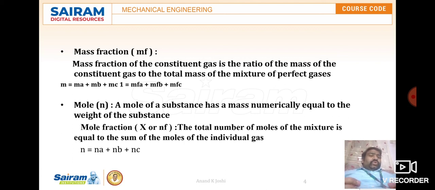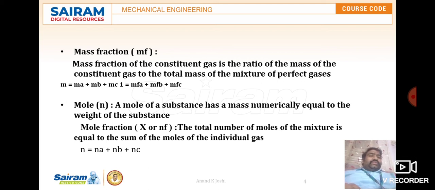For the mole fraction, the total number of moles of the mixture is equal to the sum of the moles of the individual gases. This is about the mole fraction.